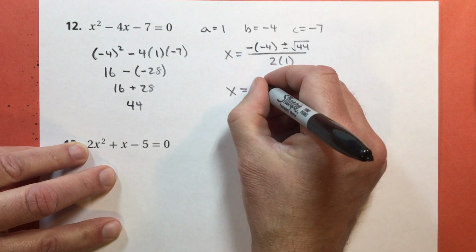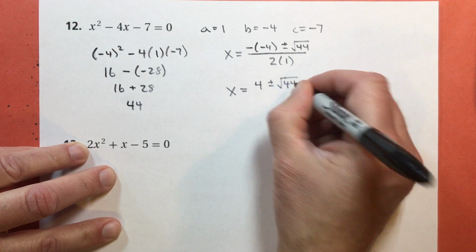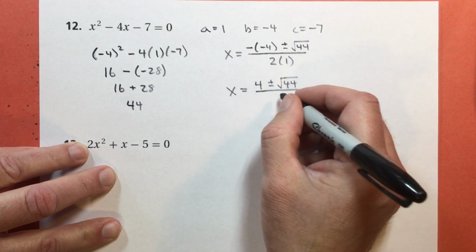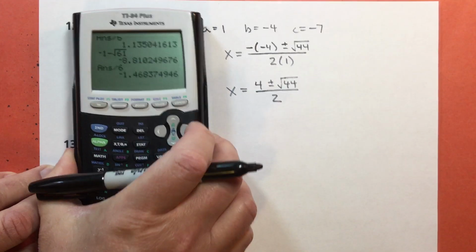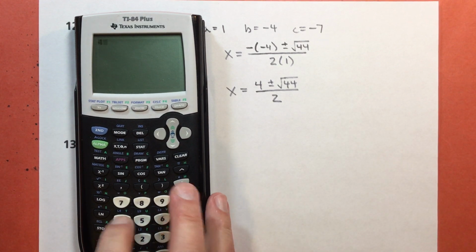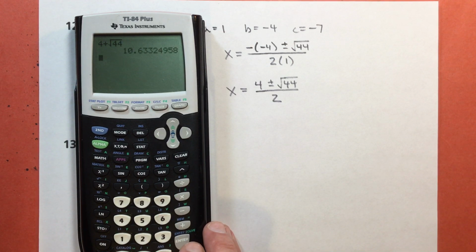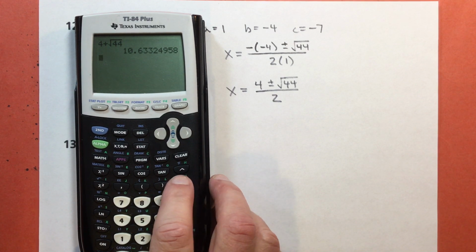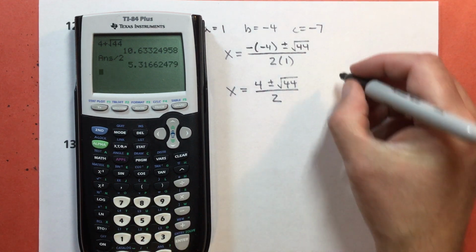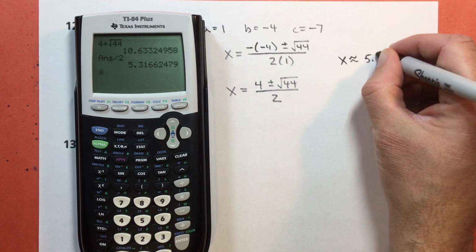The opposite of -4 is +4. 2 times 1 equals 2. 4 plus the square root of 44 is going to be about 10.63, and I'm going to divide that by 2. So x is going to first be approximately 5.3.